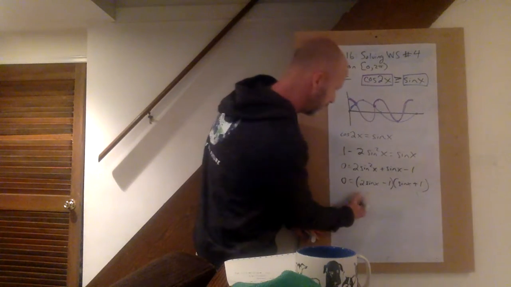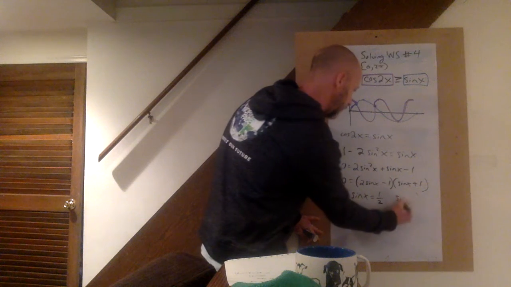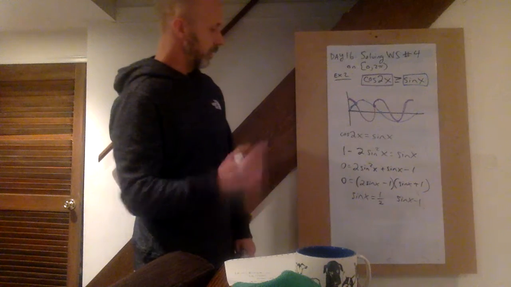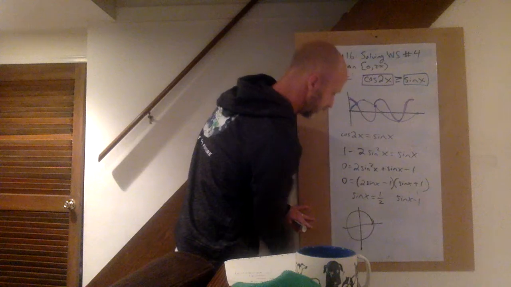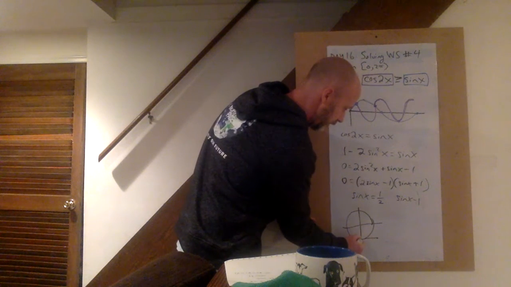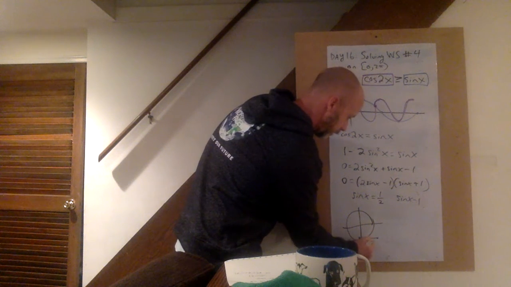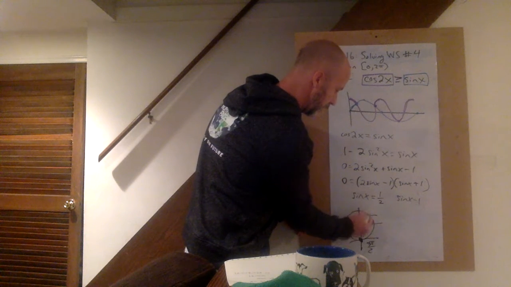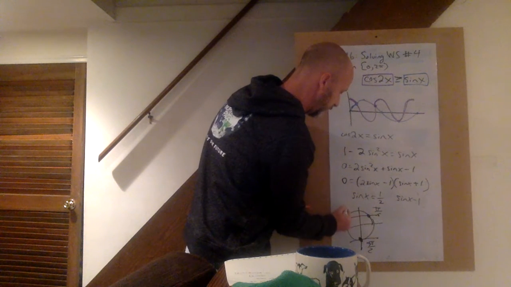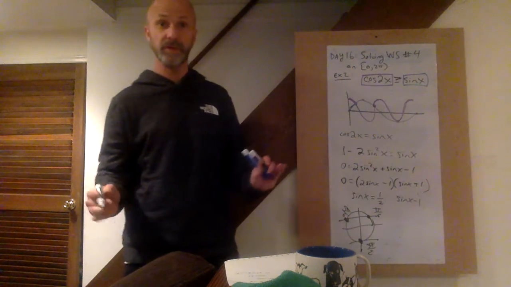So then I find out that either sine x is equal to a half or sine x is equal to negative 1. Okay? Where are those true? Squeeze a unit circle down here. Either sine is negative 1, that would be down here at 3 pi over 2. Or sine is a half, and that would be up here at pi over 6 and 5 pi over 6. Okay, so I got my 3 solutions where these are equal.